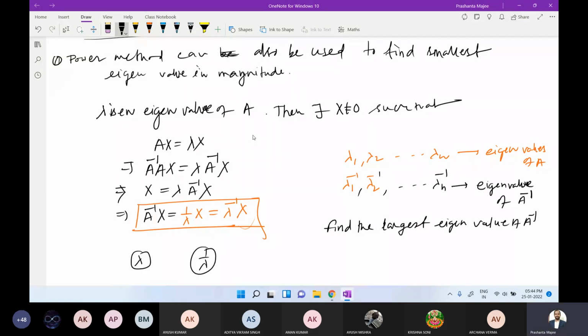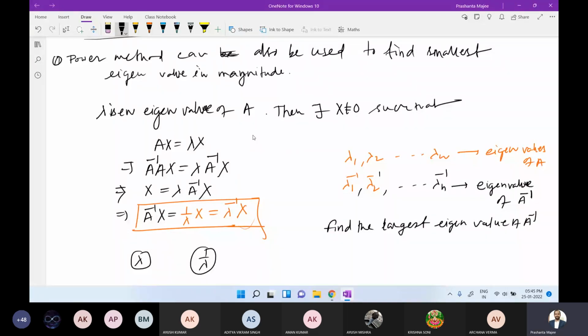If lambda 1 is largest among lambda 1, lambda 2 up to lambda n, then 1 by lambda 1 is going to be smallest among 1 by lambda 1, 1 by lambda 2 up to 1 by lambda n. You know that? So what you are doing basically, you are finding the largest eigenvalue of A inverse. Once you get the largest eigenvalue, you take the inverse of that. That will be the smallest eigenvalue of A.